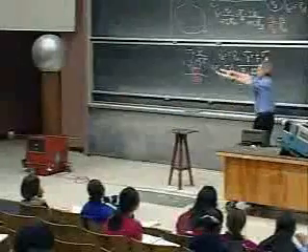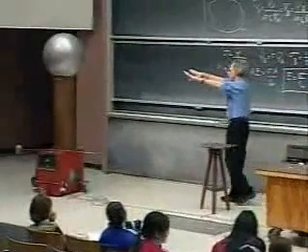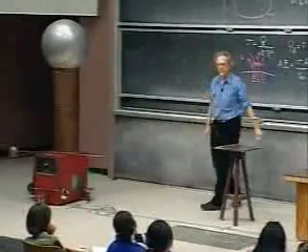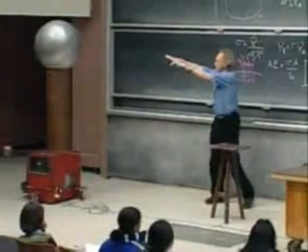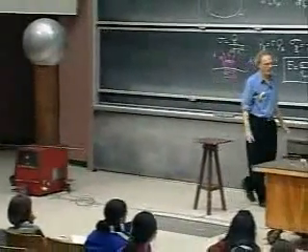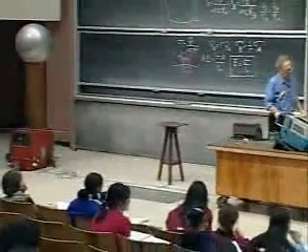If I approach the Van de Graaff like this, with my hand stretched, then chances are, of course, that the sparks will first develop between my fingertips, because it's a very small radius, and they're very close to the Van de Graaff, and so that's where the discharge will occur.